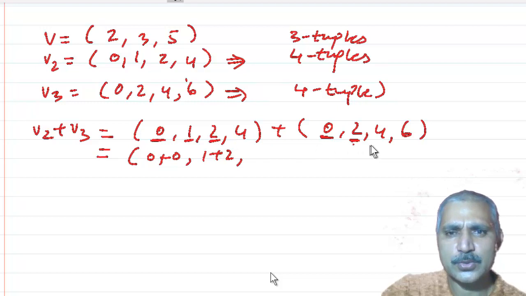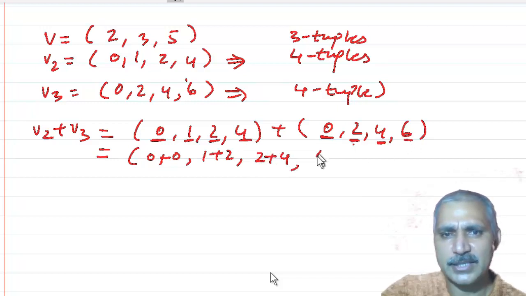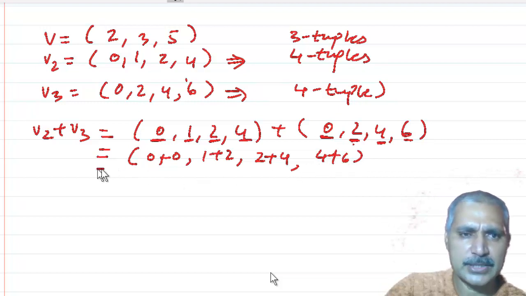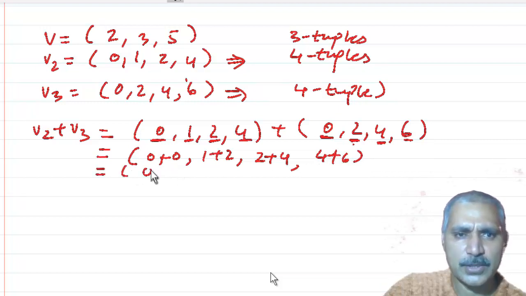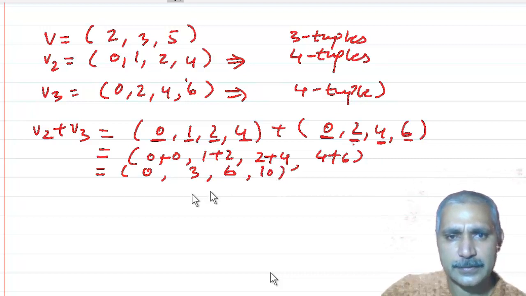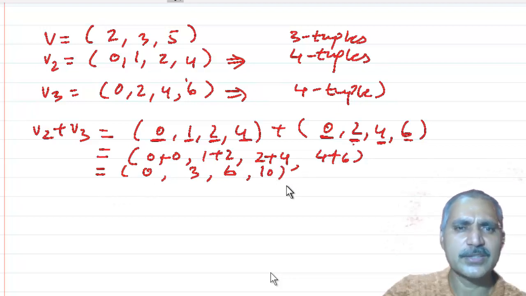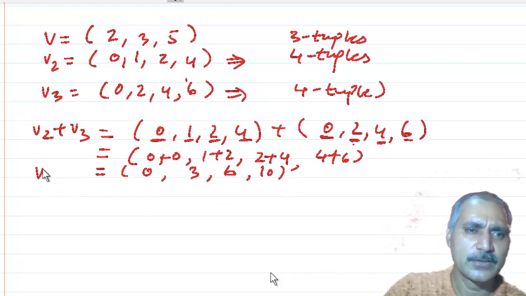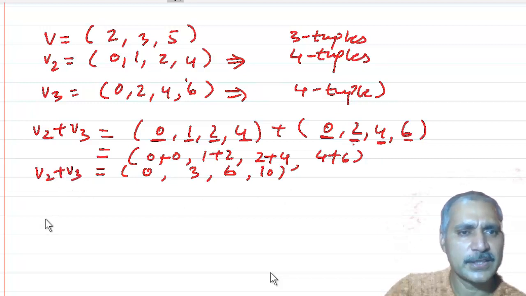The third elements are 2 and 4, so 2 plus 4. The last element is added with the last, 4 plus 6. Simplifying: 0 plus 0 is 0, 1 plus 2 is 3, 2 plus 4 is 6, and 4 plus 6 is 10. This is the answer for v2 plus v3.